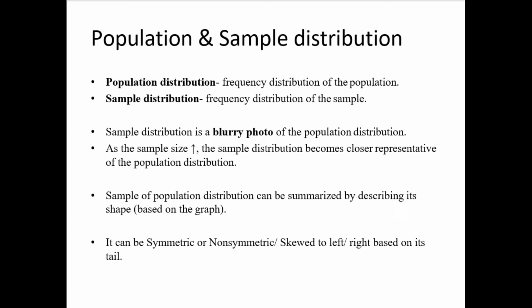Sample or population distribution can be summarized by describing its shape based on the graph. It can be symmetric or non-symmetric, skewed to the left or right, based on its tail.